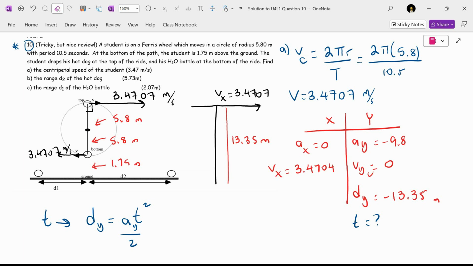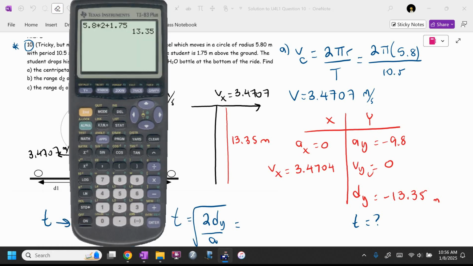I could, because this is still technically a quadratic, but I can get the t by itself without using the quadratic formula. t is going to be the square root of 2 times dy divided by a. If I crunch that in my calculator, 2 times negative 13.35 divided by negative 9.8, square root, it's in the air for 1.6506 seconds.